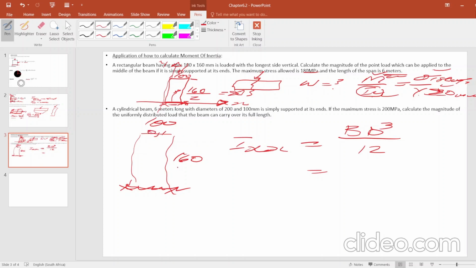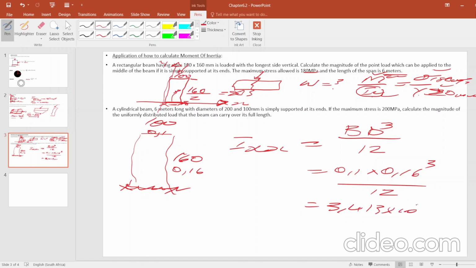Then here when you divide by 1000, it will give you 0.16. Then it will be 0.1 multiplied by 0.16 cubed divided by 12. Then our answer will be 3.413 times 10 to the power negative 5 m⁴.